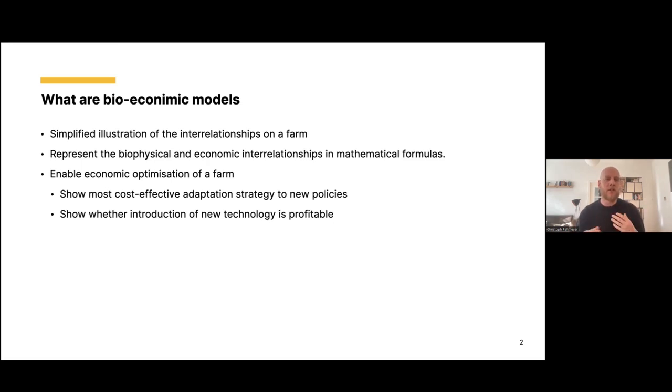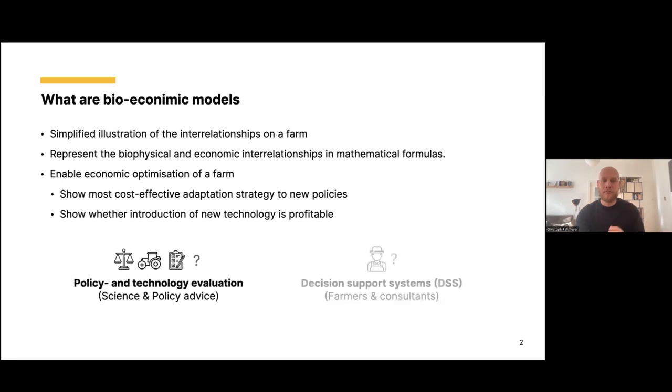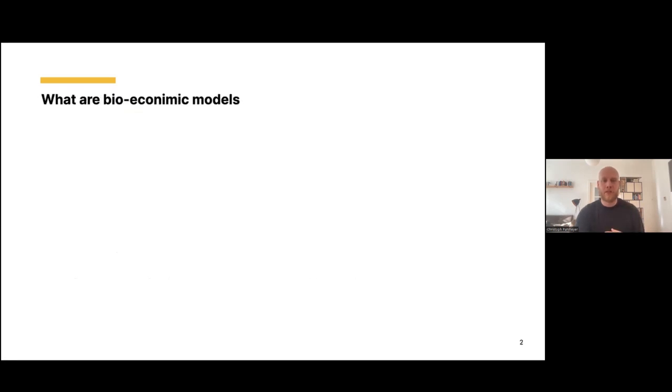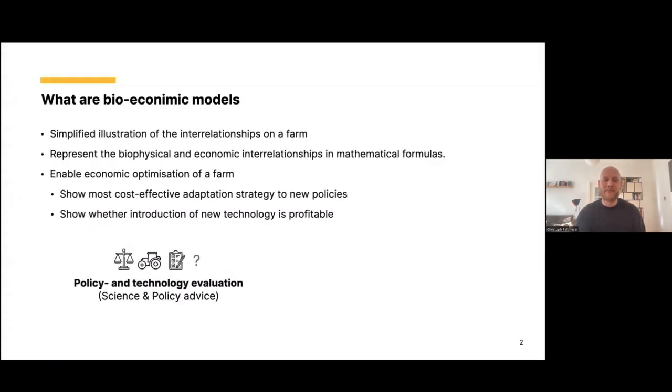These models can also be used to show whether a new technology, and that's why it's applicable for PhenoRob, is profitable for a farmer, or what influence it could have on a region. So we have two main use cases, policy and technology, but we also have a different one: the decision support system.